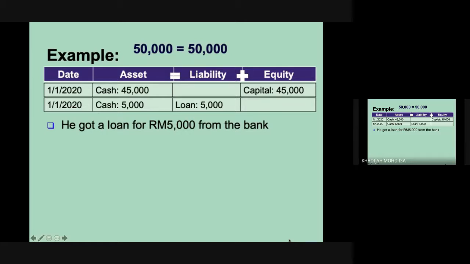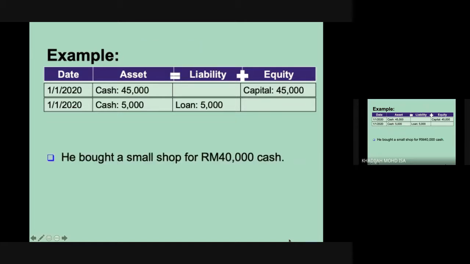So you are okay. Then he bought a small shop for 40,000 cash. When you buy something using cash, of course your cash decreases.